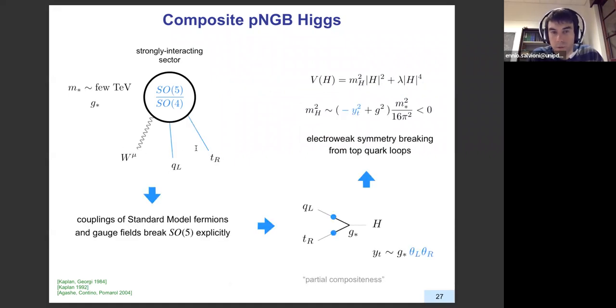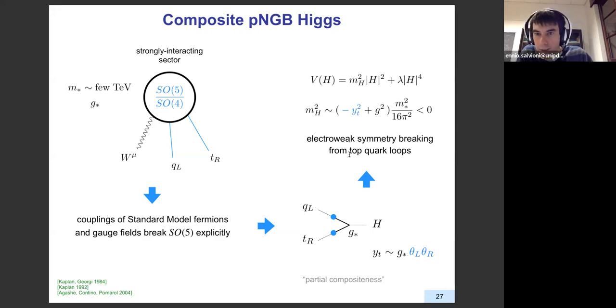The couplings of the fermions of the standard model and of the gauge bosons break explicitly the global symmetry and generate some irreducible potential, if you wish. Because of the idea of partial compositeness, which is that the mixing of fermions in particular is proportional to their masses, the largest contribution to this potential comes from the top quark.